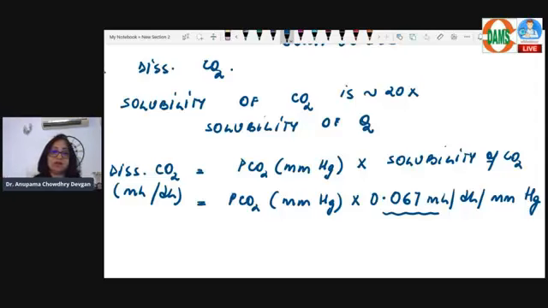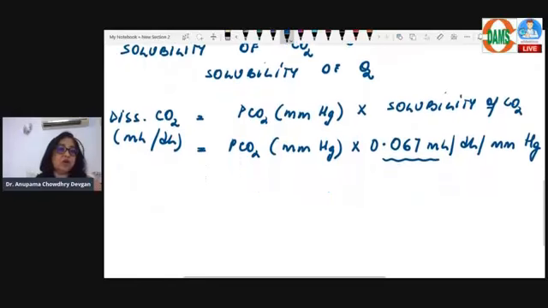The solubility of oxygen was 0.003. Solubility of CO2 is 20 times the solubility of oxygen. So this is how to calculate the dissolved CO2. Dissolved oxygen is PO2 in millimeters of mercury into the solubility of oxygen, which was 0.003. For dissolved CO2, PCO2 in millimeters of mercury into 0.067, which is the solubility of CO2.